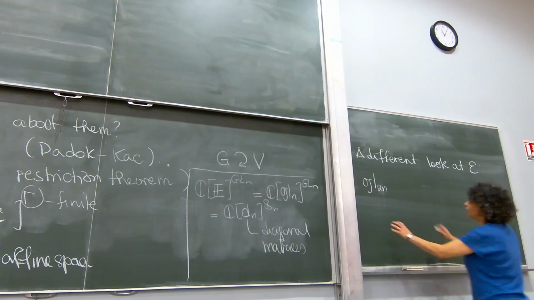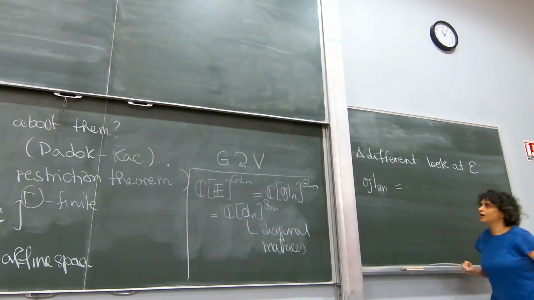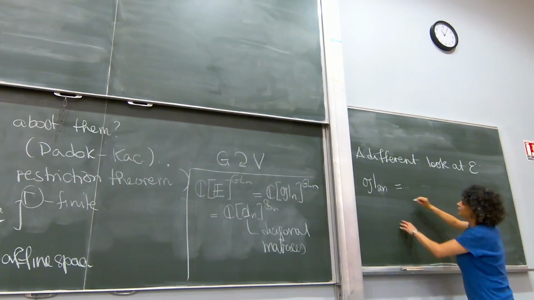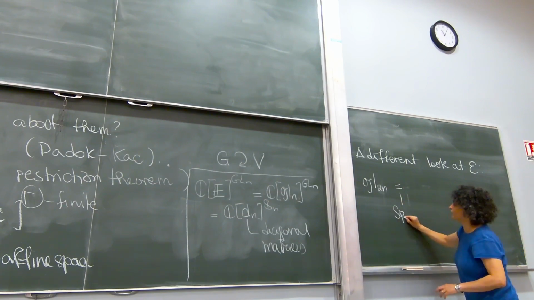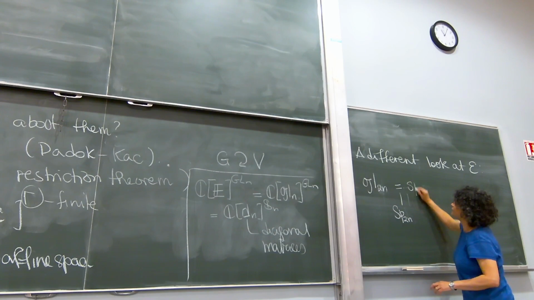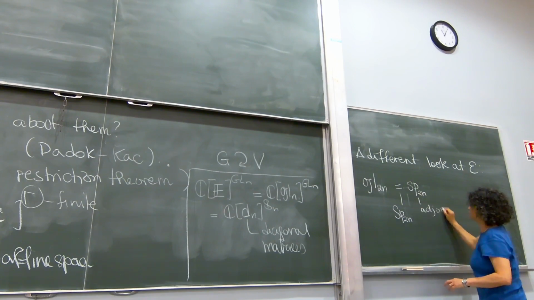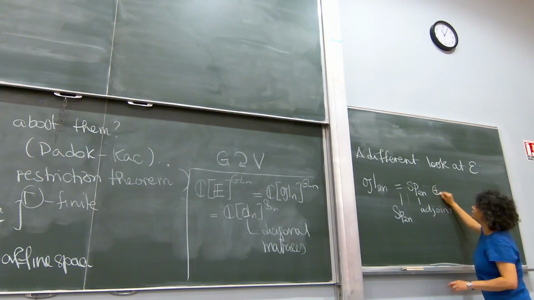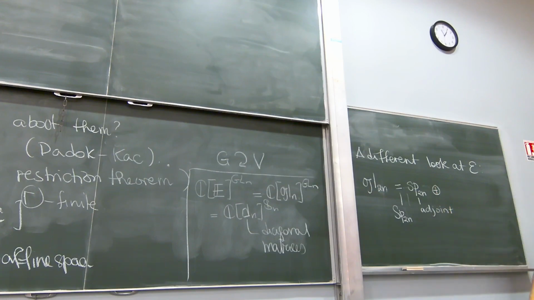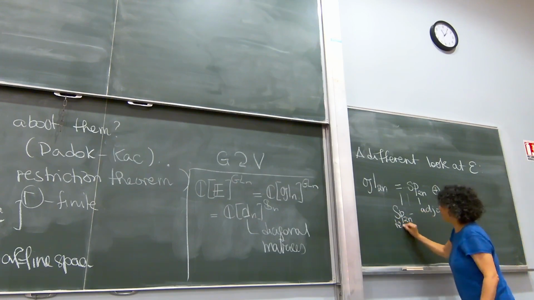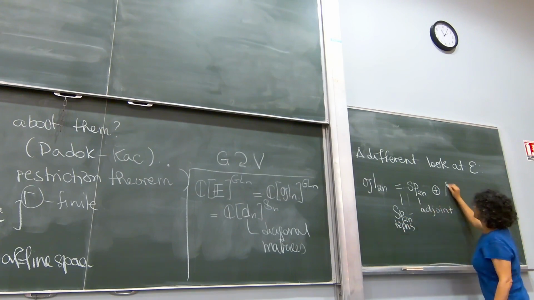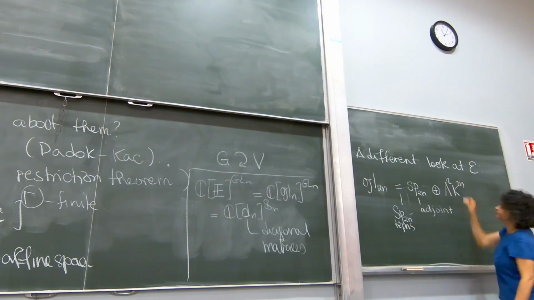Then this decomposes as a representation of SP2n as SP2n, the adjoint, plus something else. And this something else is precisely this module.